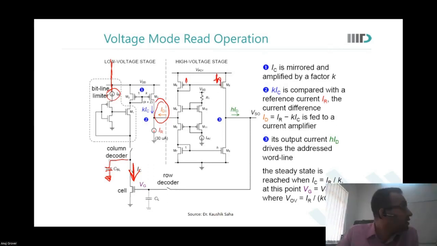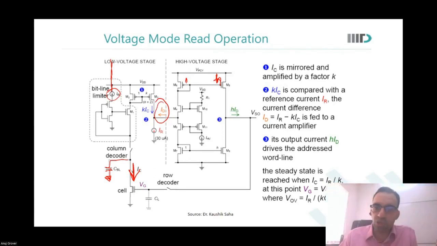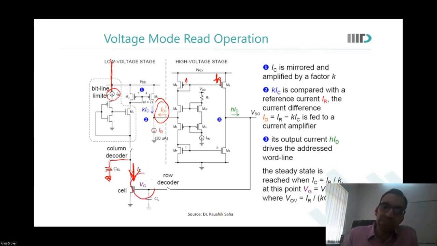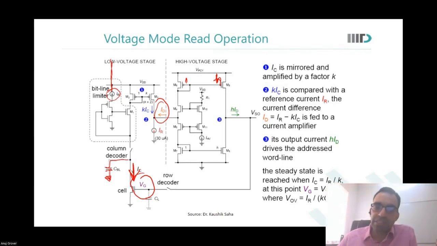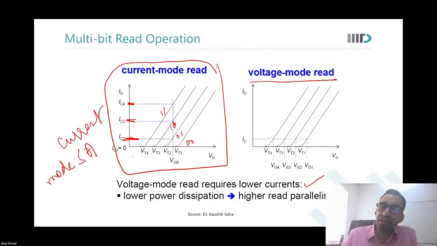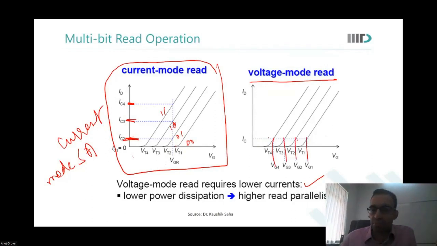So this is amplified H times over here. And when the steady state is reached, we simply measure the VG. VG at this point tells me the voltage at which that kind of current is being discharged from my bit line. So I will be able to estimate whether it is VT4, VT3, VT2, or VT1.